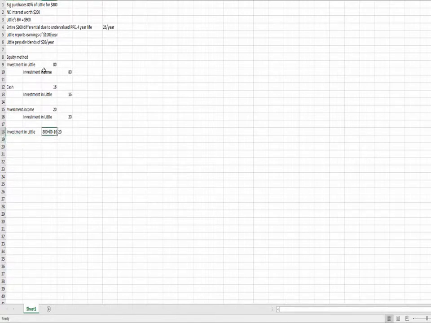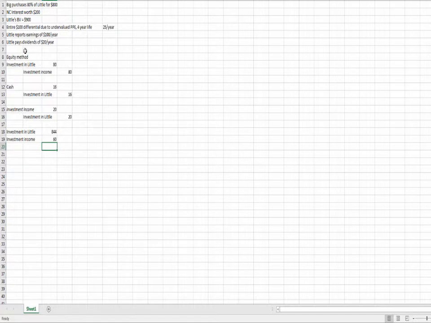So the investment in Little is $844, and for the investment income, they had $80 of income minus $20, their share of the amortization.